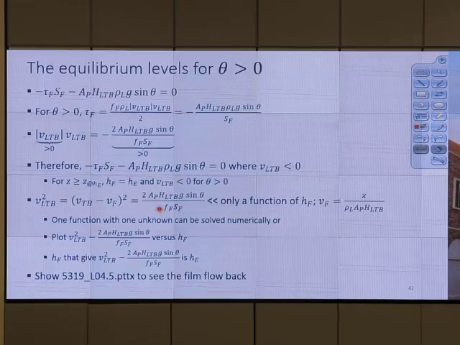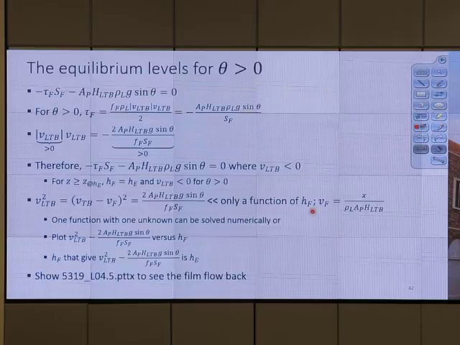And I said this part is only a function of HF. HLTB, liquid holdup, is a function of liquid height. SF is a function of liquid height. So this part is only a function of liquid height.